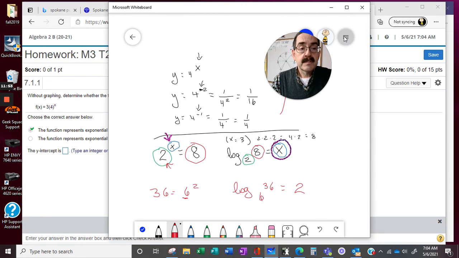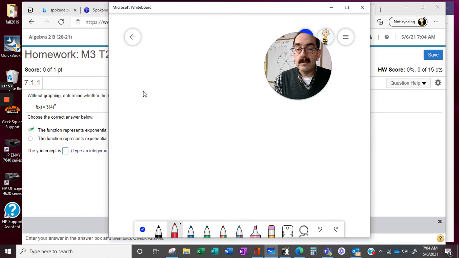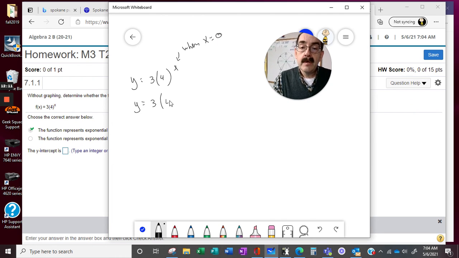So y equals 3 times 4 to the x; when x equals 0, y equals 3 times 4 to the 0 power.